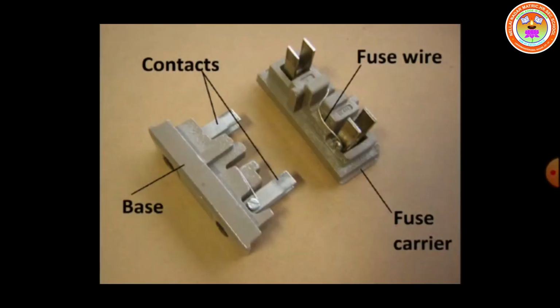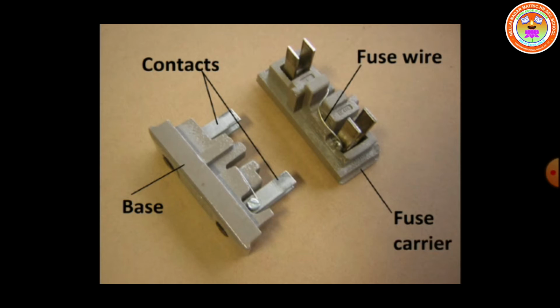Electric fuse is a safety device. We can notice this type of electric fuse in our house, students. An electric fuse is a safety device used in household wiring and in many appliances.